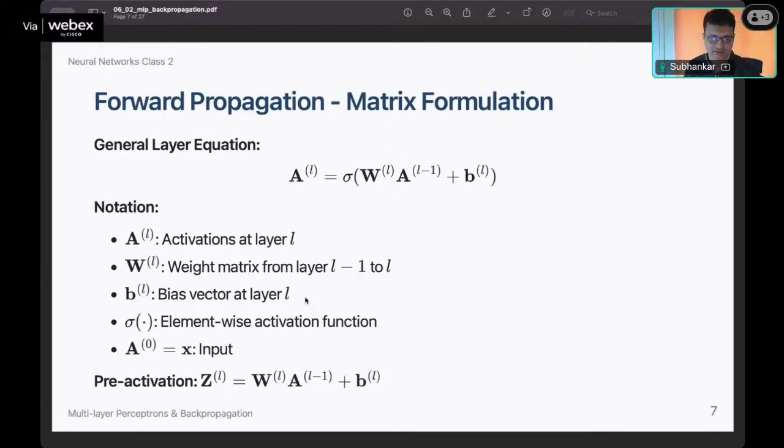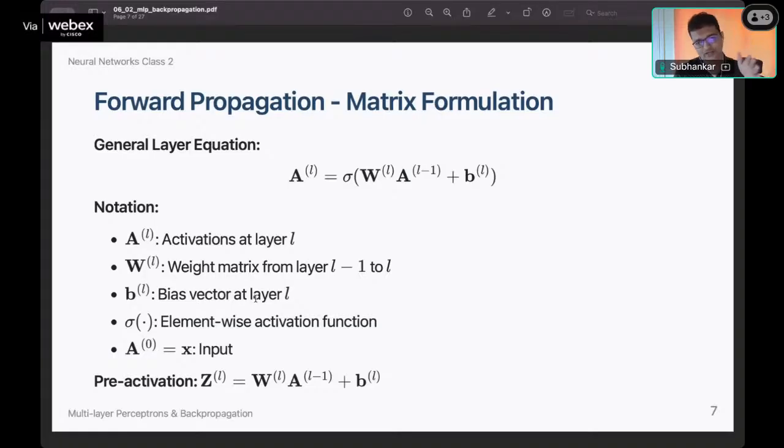Then W^L is the weight matrix. I hope I covered the math basics where I told you why it is a weight matrix: it is a collection of all the W's, and each W has multiple dimensions. That's why it ends up being called a weight matrix.